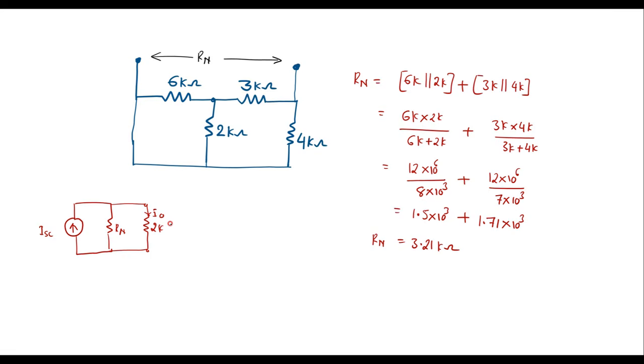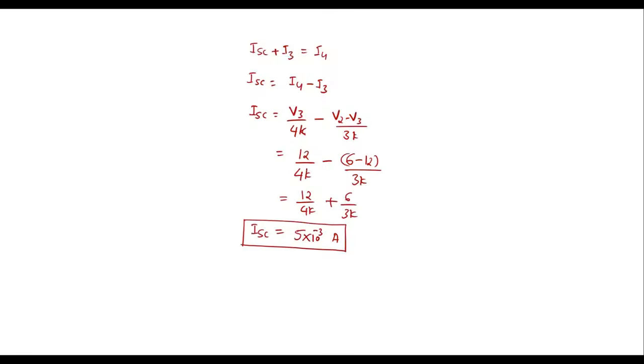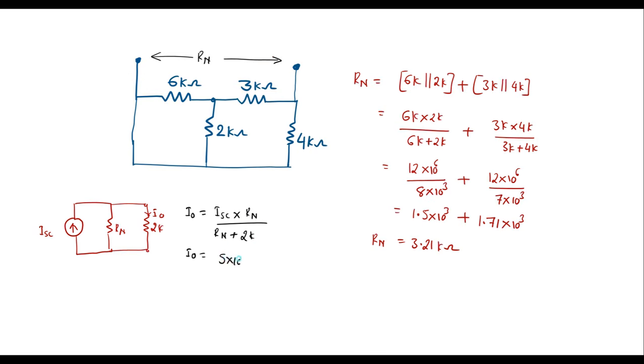So here we can apply the current division rule, that is I naught will be equal to total current ISC into Rn divided by Rn plus 2 kilo ohm. That is, I naught is equal to ISC, which we have already calculated as 5 milliamp, that is 5 into 10 power minus 3 into 3.21 into 10 power 3, divided by 3.21 kilo ohm plus 2 kilo ohm, that is 5.21 into 10 power 3.